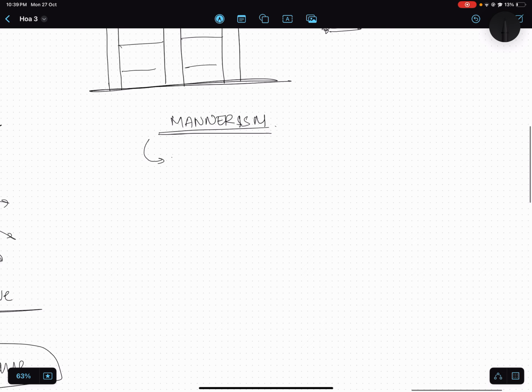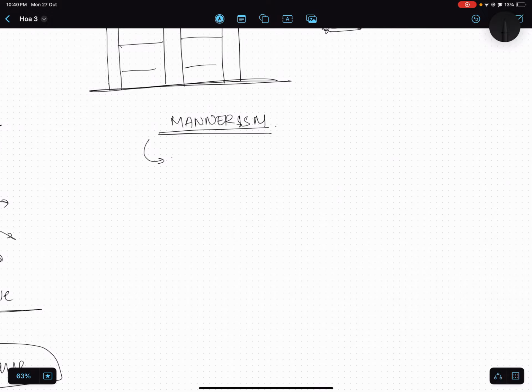So Mannerism is, yes, in Renaissance they were getting inspired from a lot of classical architecture, but Mannerism started having a lot of fun. So they started exploring styles.